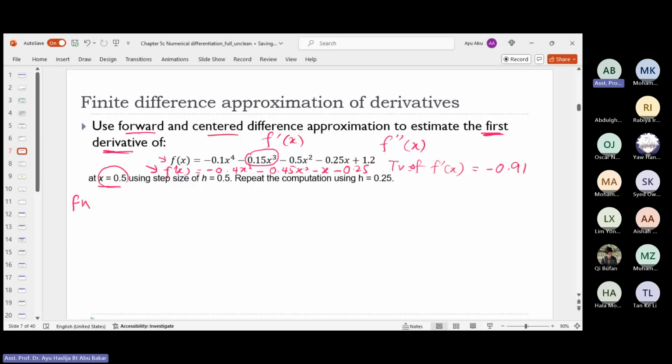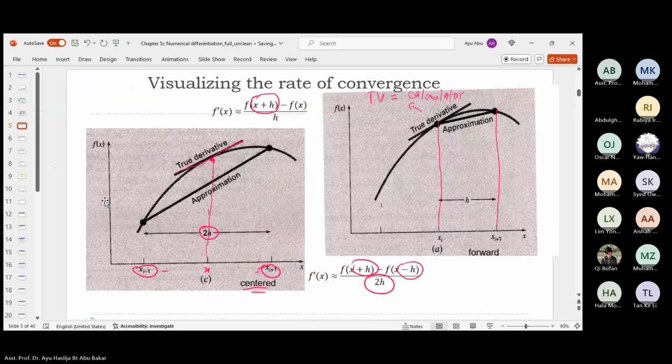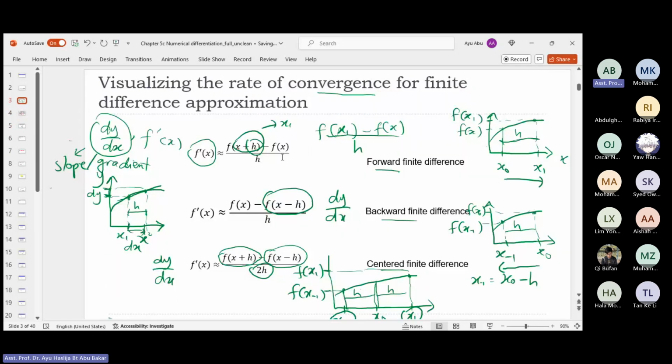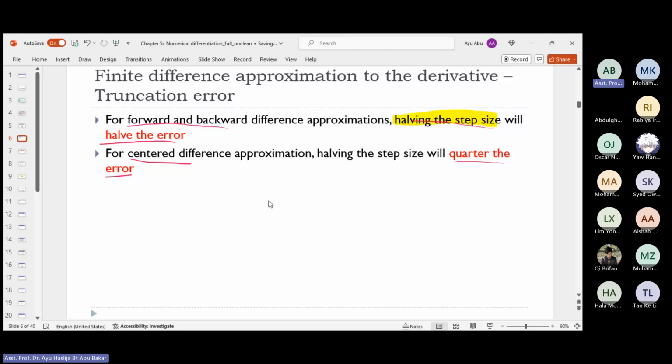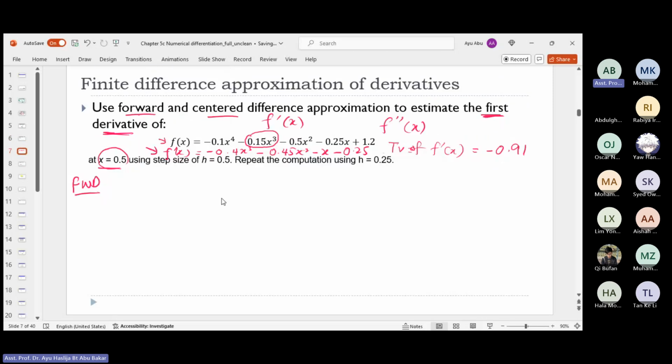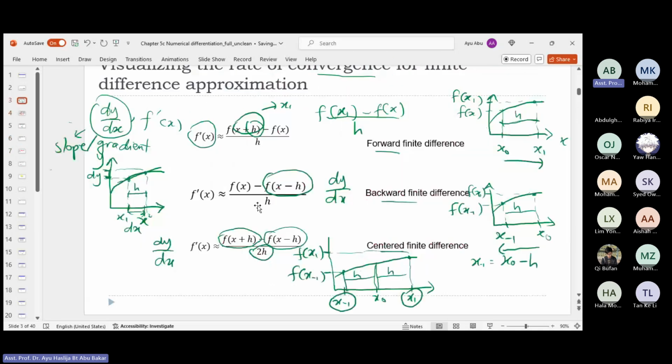Forward equation, this equation. The centered, this is the equation. The equation will be given.